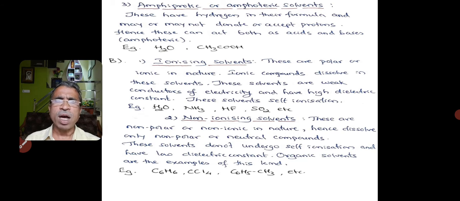Organic solvents are examples of this kind: benzene, carbon tetrachloride, toluene, etc. These are examples of non-ionizing solvents because they do not undergo ionization.